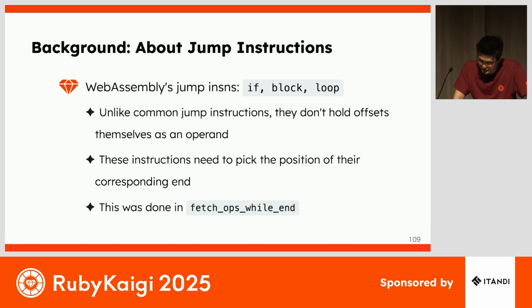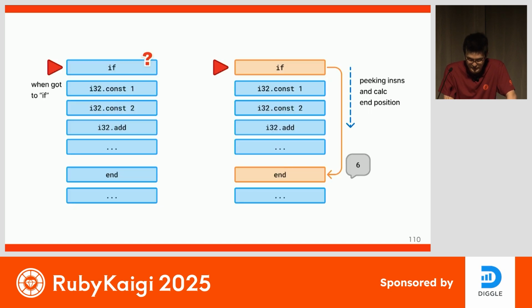WebAssembly's jump instructions are a bit unusual. Instead of instructions holding fixed offsets, the target end position is calculated dynamically. This was done in a method called fetch_offset_by_end.